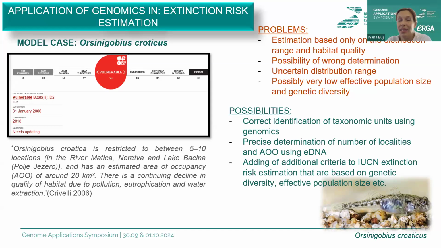By correct identification of taxonomic units, of course, we can have precise information on the area of occupancy, so on distribution range and number of localities.